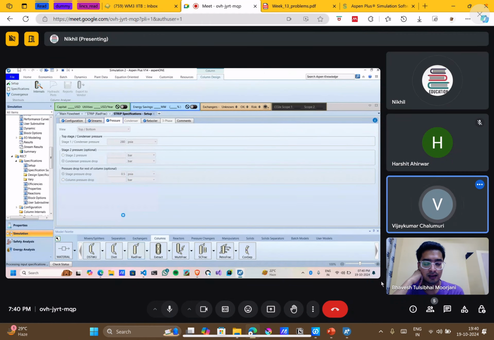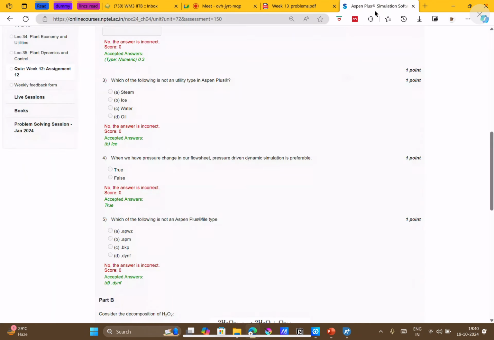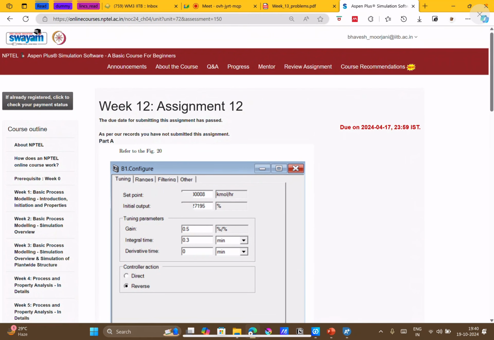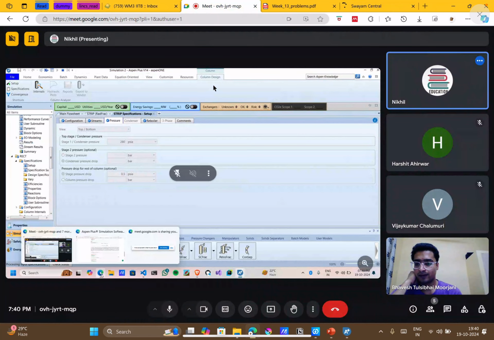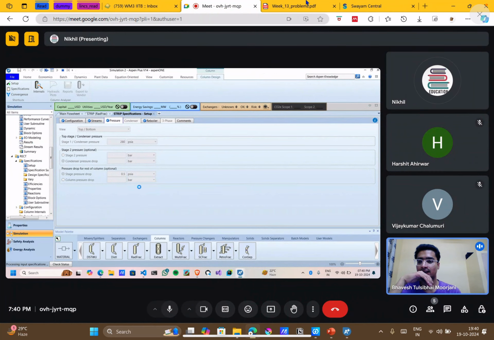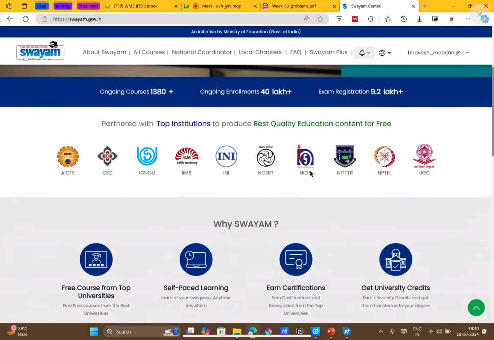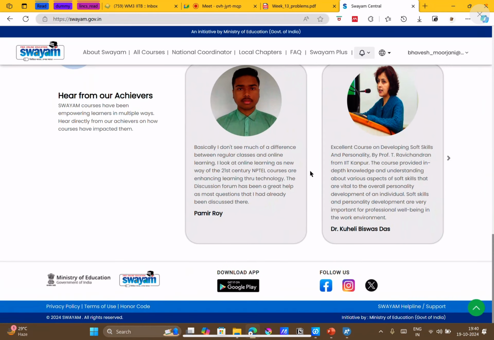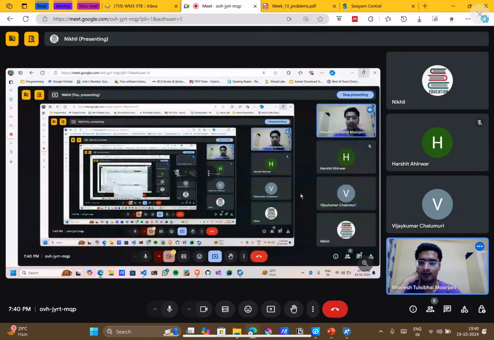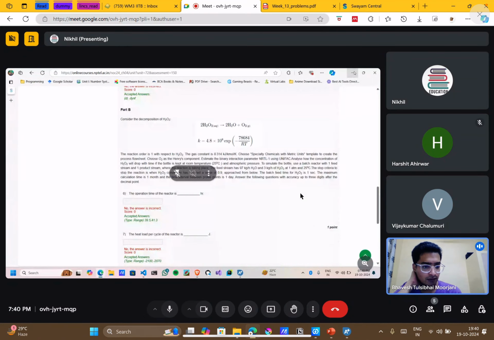Yes, sir, how can I contact? So you might have some helpline number in the Swayam portal, right? Let me see. Yes, sir. It's running. Okay. Terms of use, support. See, on the Swayam portal you can see Swayam helpline or support. So maybe go there and ask them what's the issue, how you can resolve it.